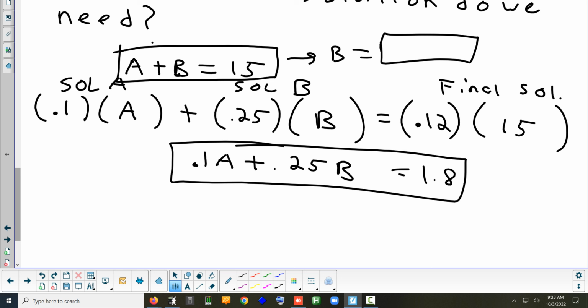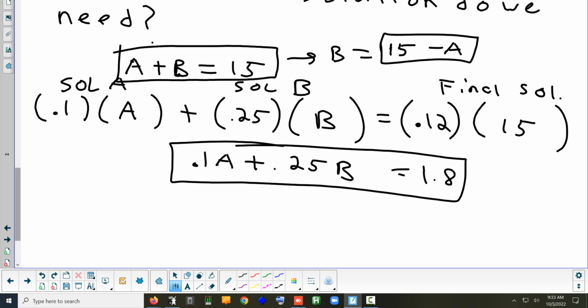Okay, sorry. Subtract A. Yep, and that gives you what on this side? B equals negative A plus 15. You could write negative A plus 15, or you could write 15 minus A. I'm just going to write 15 minus A.